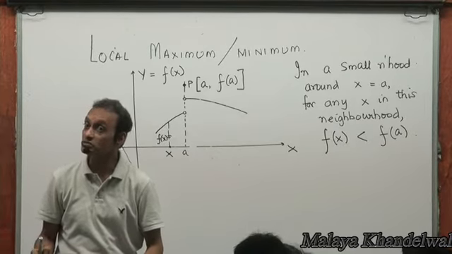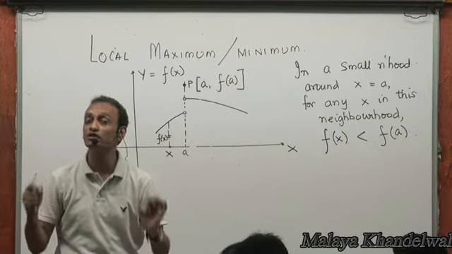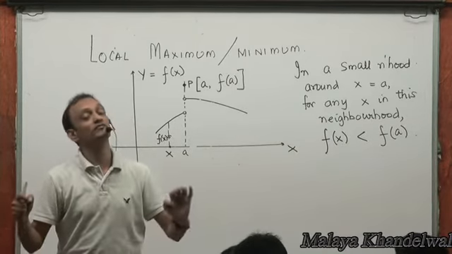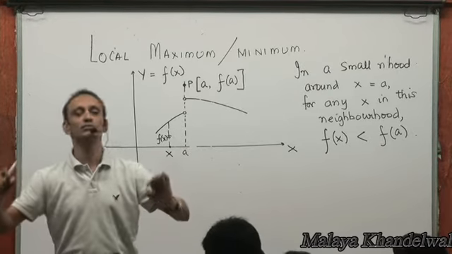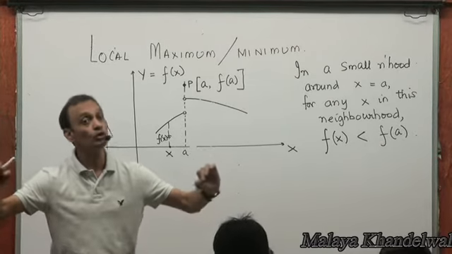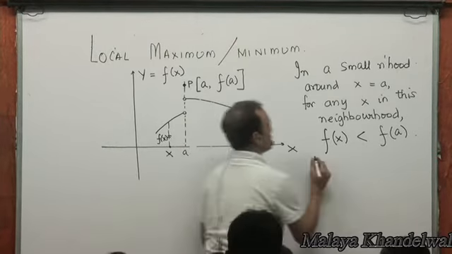If that happens, then the function is said to have a local maximum at x equal to a.